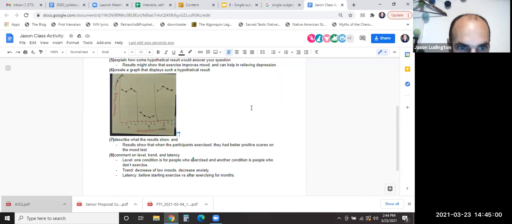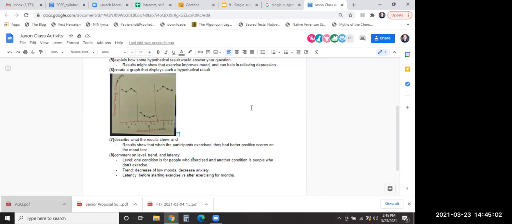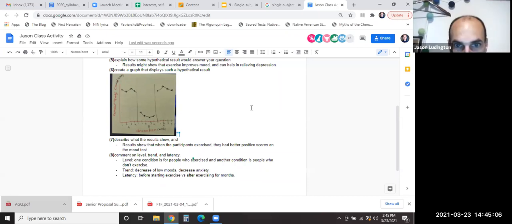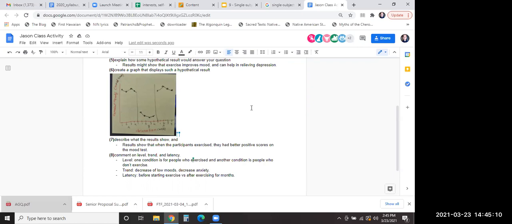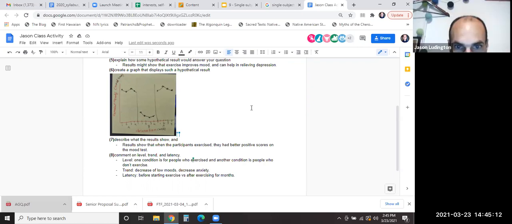Small. All right. So obviously, all right, what else? Let me read what you wrote here. It says when participants exercise, they got better scores and level, people who exercise do better than people who don't. The trend, so yeah, that's what the level says.